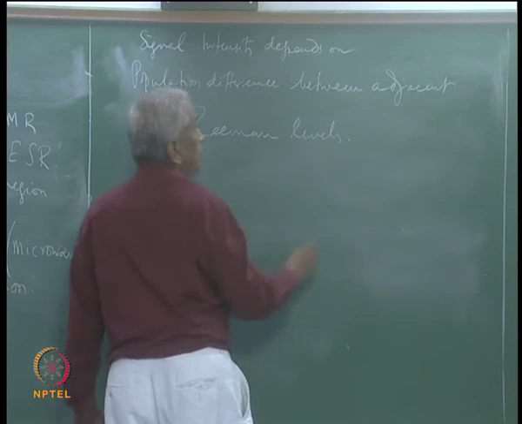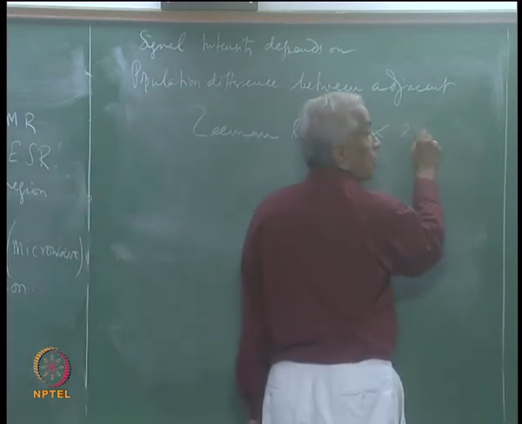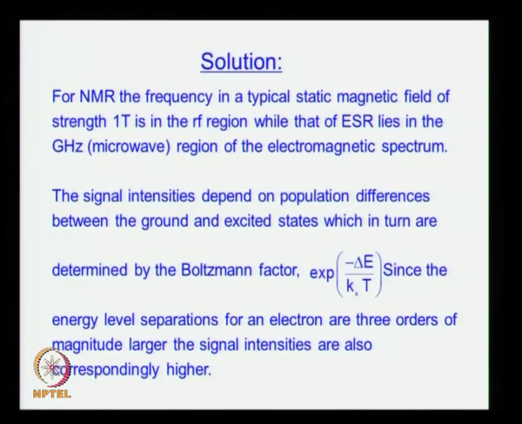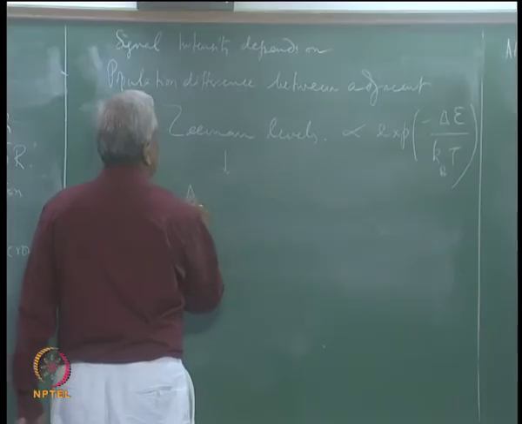And this population difference is proportional to exponential minus delta E by kBT, where delta E is the energy level difference.